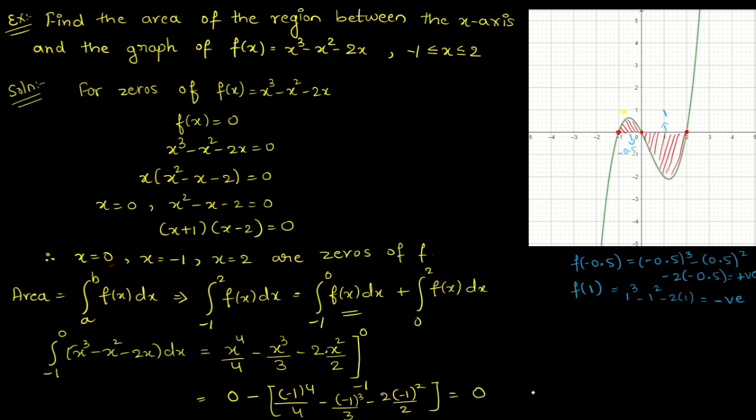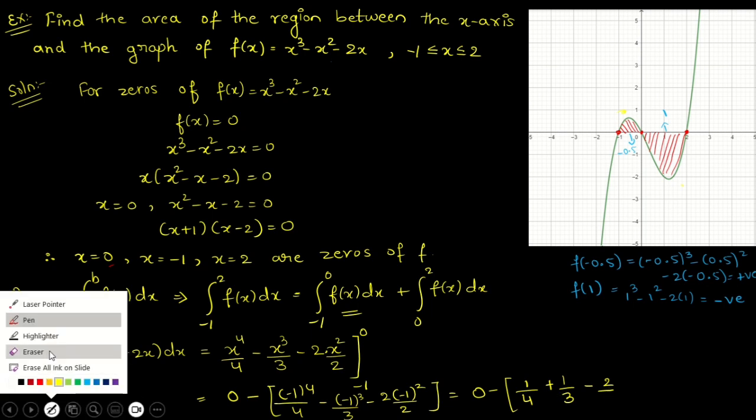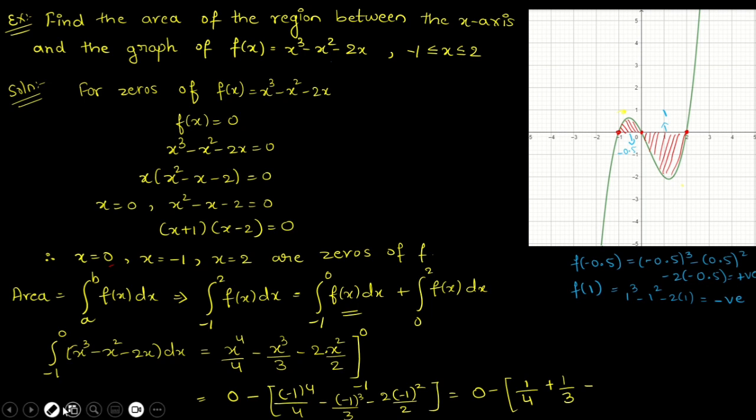Minus 1 power 4 is 1, since a negative number raised to an even power is always positive, so 1 by 4. Minus of minus 1 cubed, a negative raised to an odd power is always negative, so this changes to plus 1 over 3. Minus of minus is plus. Then again minus 1 squared is positive, so it is 2 over 2, which is equal to 1. Instead of writing 2 over 2, I am going to write it as 1.